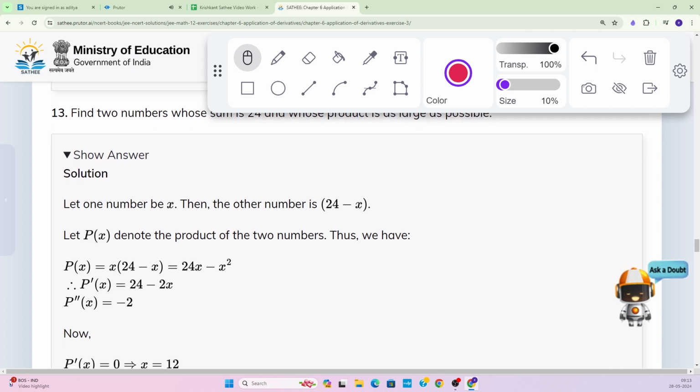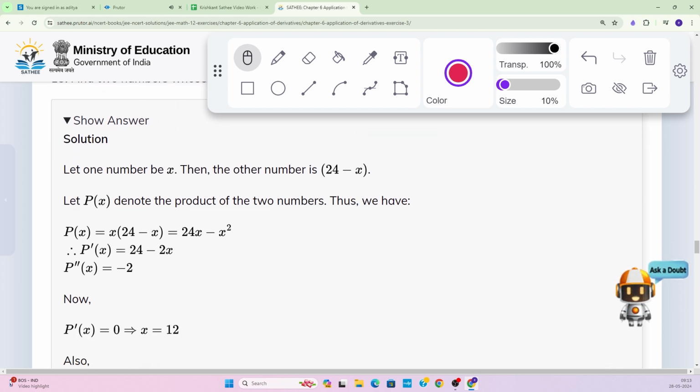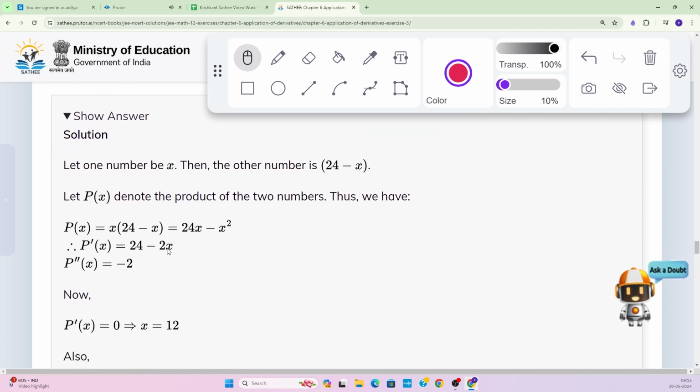Then find the first derivative and second derivative. From the first derivative you will get your critical point as x = 12, and with the second derivative you can directly apply the second derivative test: if the second derivative is negative, then you will get your maximum.